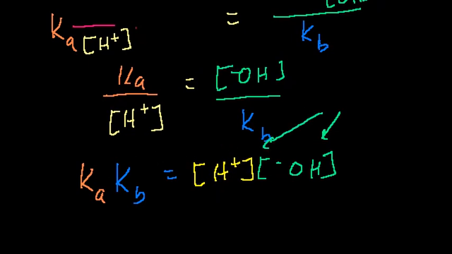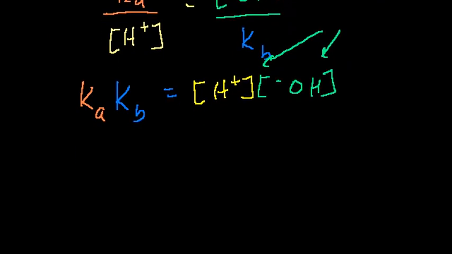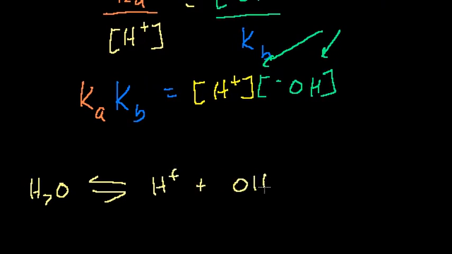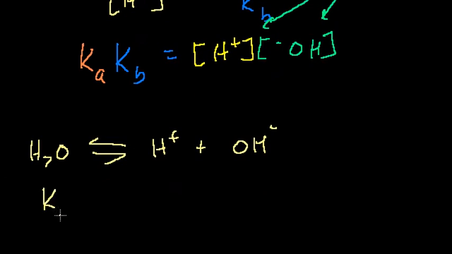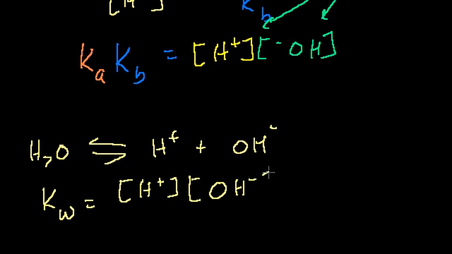Let me review to jog your memory. H2O can auto-ionize into H plus and OH minus, and this has an equilibrium constant, K sub W. It's equal to the products, the concentration of the hydrogen protons times the concentration of the hydroxide ions, and you don't divide by this because it's the solvent.